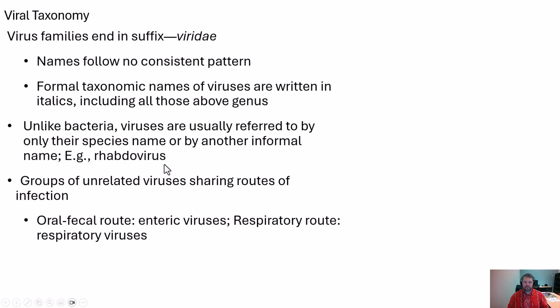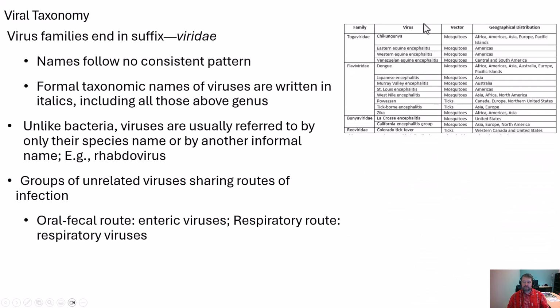Normally that common name is really indicating what route they infect, so they can be grouped into respiratory viruses, or they can be grouped into viruses that cause a certain disease, and they can be named based on that.